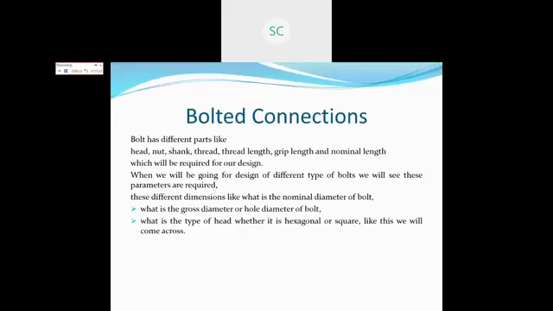For designing a bolted connection, you must know the diameter of the bolt, shank diameter, thread length, grip length, nominal length, and other parts, such as the nominal diameter of the bolt, the gross diameter of the bolt, and the type of head, whether it is hexagonal or square. Like this we will come across these dimensions.